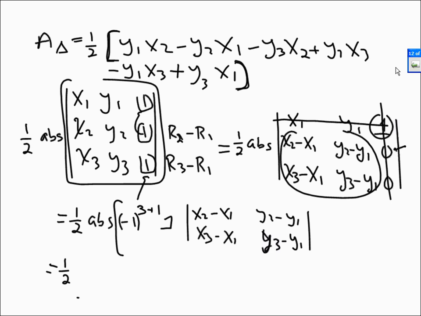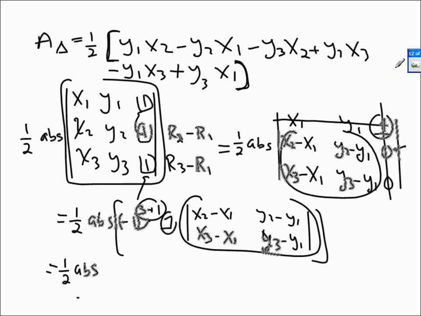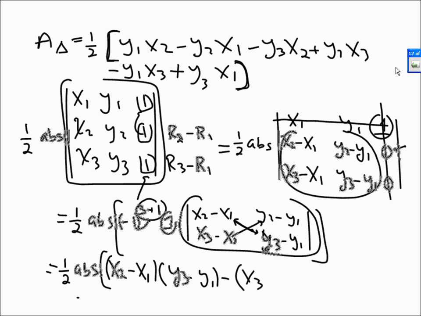This is 1/2 times the absolute value of what's in the big brackets. 3 plus 1 is even, so -1 to the 4 is 1, times another 1 is 1. 1 times this determinant is just this determinant. But this is a 2 by 2. You multiply these two, minus, you multiply those two. Get x3 minus x1 times y2 minus y1.